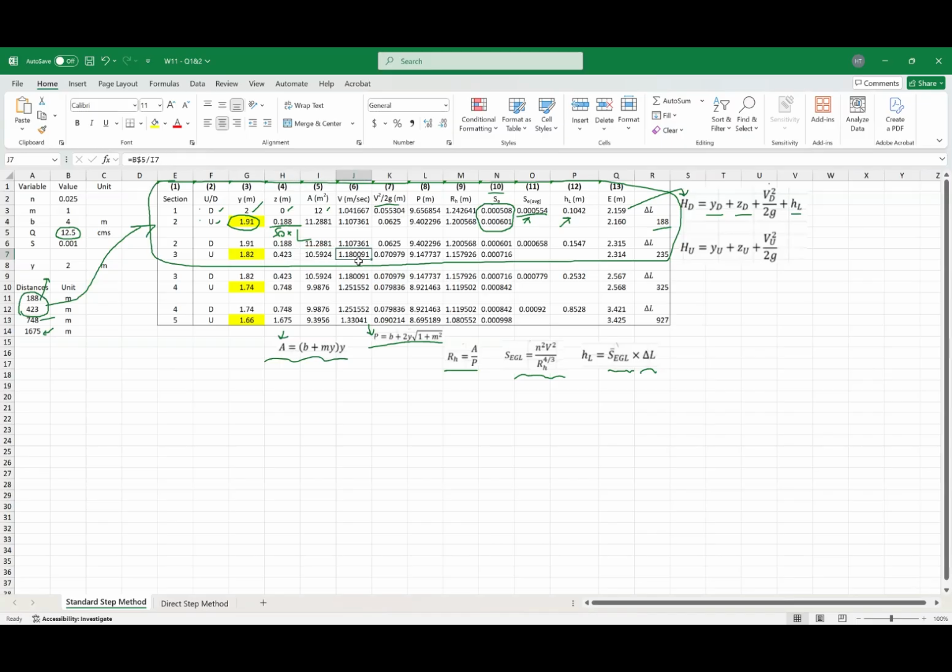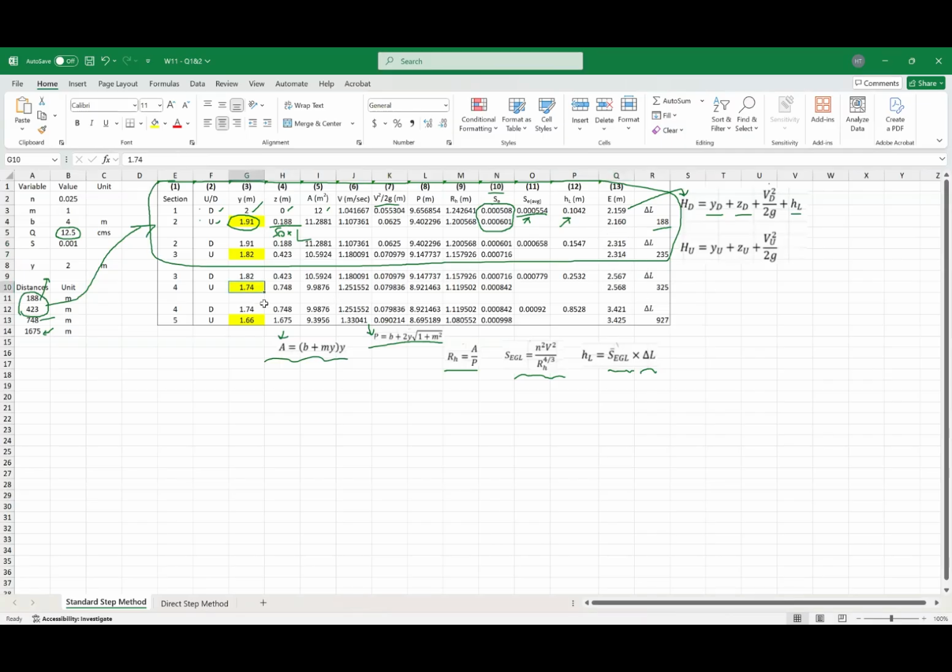Based on these values, we calculate all of these: area, velocity head. And finally, we can calculate the slope based on these values. Here we have this average slope, and from this average slope, we can get the head loss. We can see that these values are very close to each other.